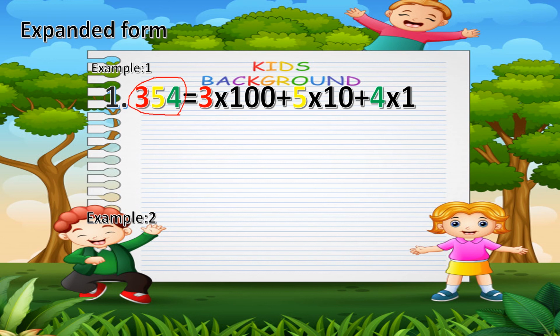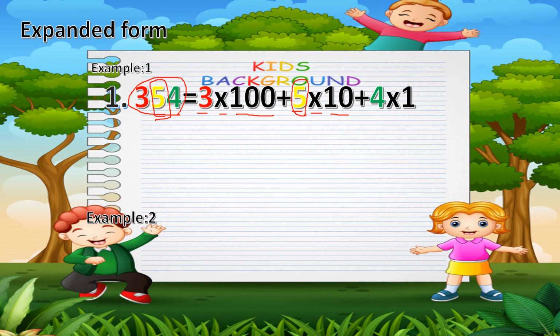We break it up. This one is 3 times 100, because it was in the hundreds place. So 3 times 100 equals 300, plus 5 times 10, because the number 5 is in the tens place, right? Here it was in the tens place.